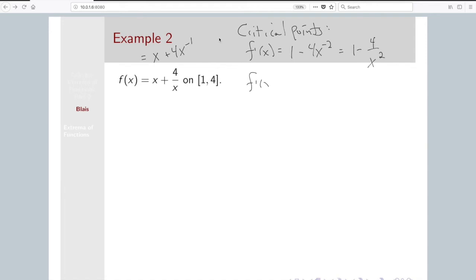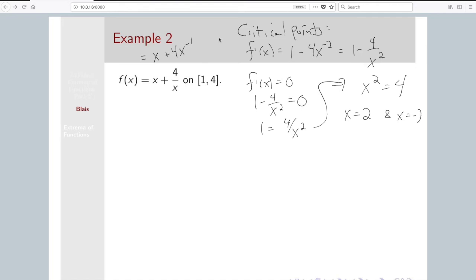Setting f prime of x to 0 gives us 1 minus 4 over x squared equals 0, or 1 equals 4 over x squared. Multiply both sides by x squared. x squared equals 4, and so that gives us x equals 2 and x equals minus 2 as solutions. So those are our only two critical points for this function.